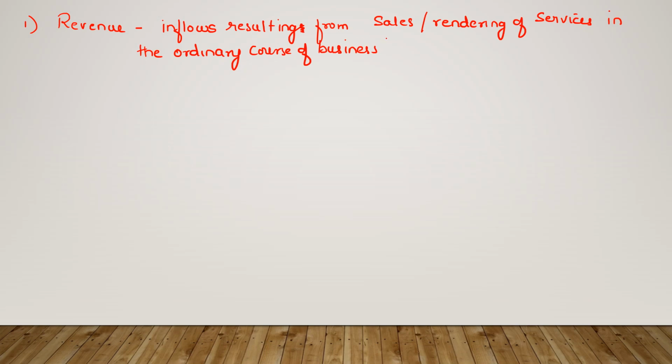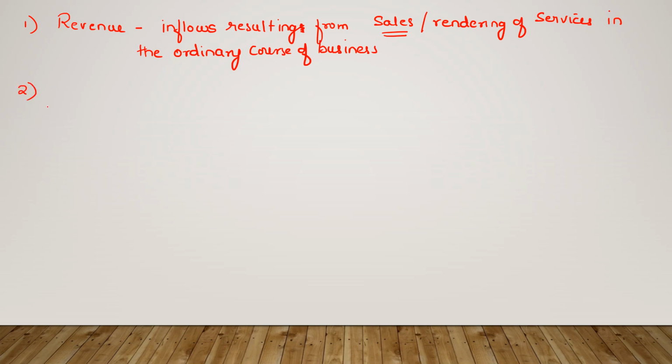Like in our example, selling the ready-made garments which is purchased to her customer will result in an inflow. There will be money flowing into the business, and that is because of the sales that she has done during the year in the normal course of her business. So that amounts to revenue.